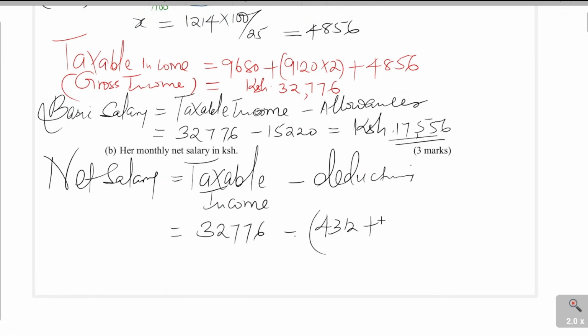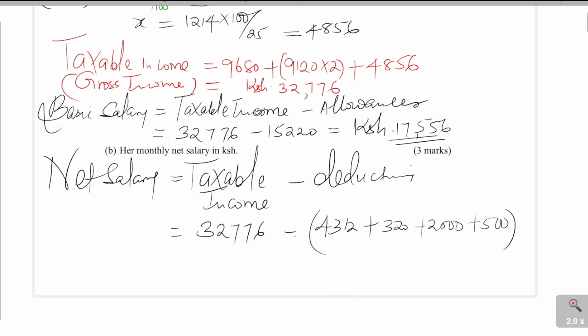Those are the deductions. Make sure you have captured all the deductions. So now we get 32,776 subtract 4312 plus 320 plus 2,000 plus 500.